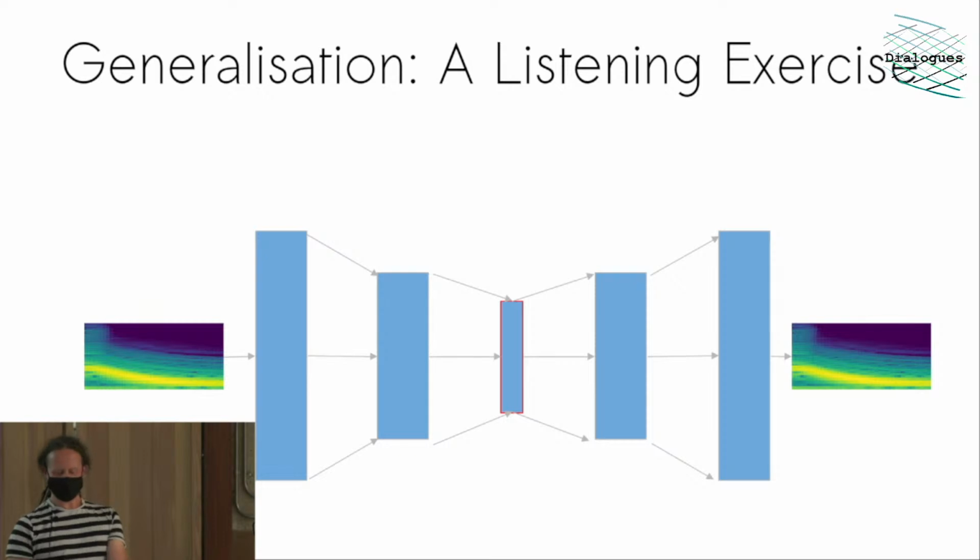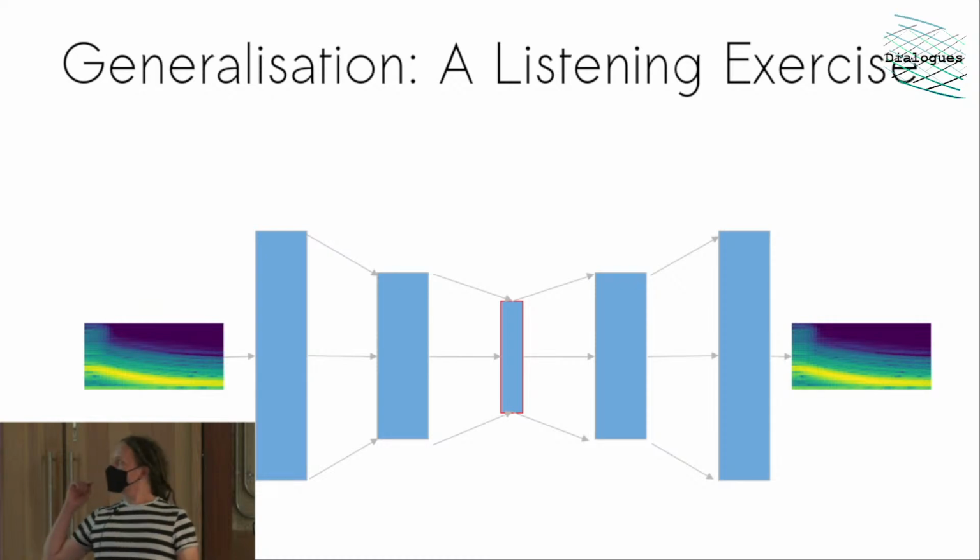So this is a listening exercise. I got really interested a couple of years ago in what was going on with a neural network when you train it, and how does it sound, and what's the point where perceptually we understand that the network's doing what we want it to do. So this is an example from a variational autoencoder, and what it's doing is being given a sound, and it's just trying to reconstruct the same sound.